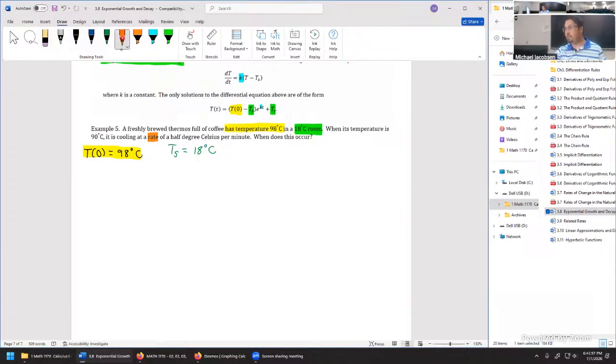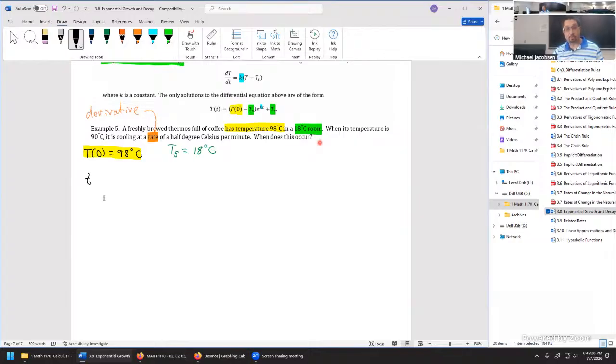So we have to use that formula there. The arrow looks a little bit awkward. Let me say it this way. Derivative. So we get to use the formula above here, the actual derivative formula, the differential equation, using this information here. So let's start by saying we're trying to solve for a time, and we can substitute or create a variable.